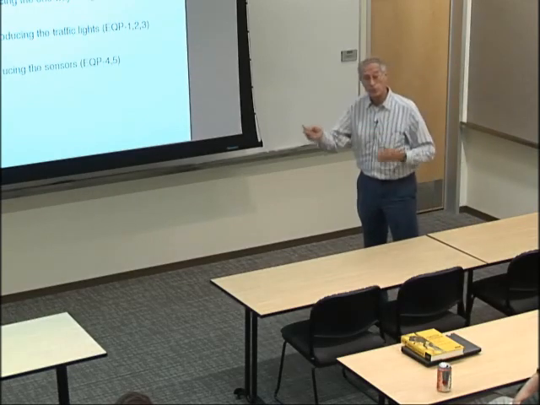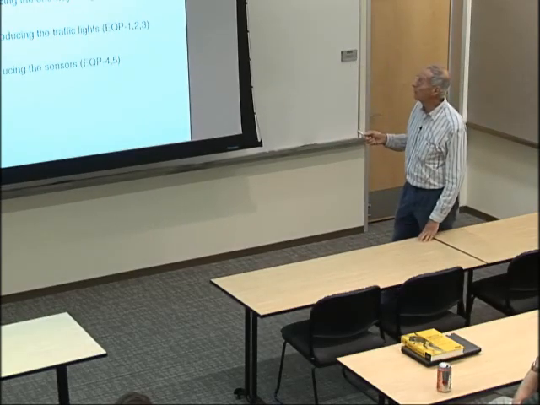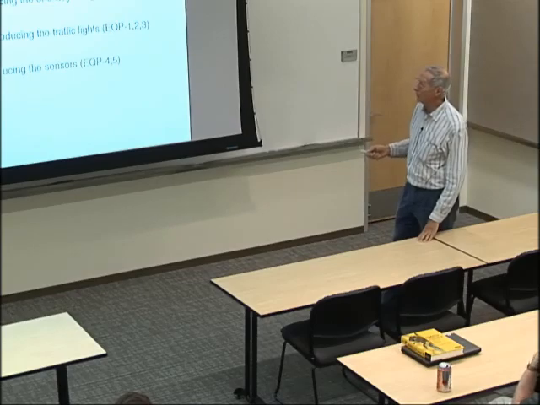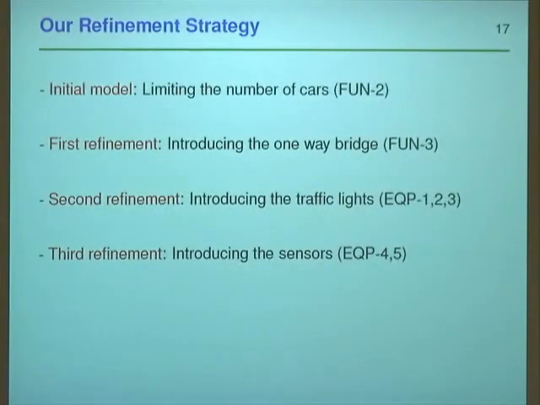As you see here, I have not introduced the traffic light and the sensors before the second and third refinements. Here we do something abstract, and we suppose that there is some guru or intelligent mechanism that can make the thing work correctly. But this is not the case, so we have to add some equipment, the traffic light, and then the sensors.